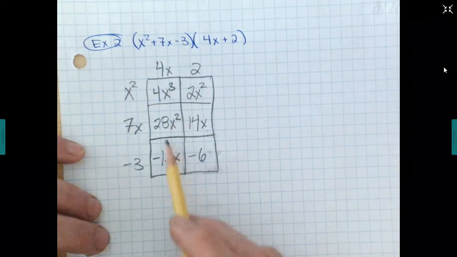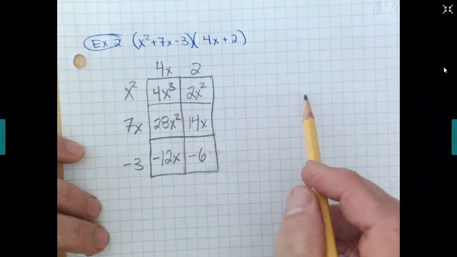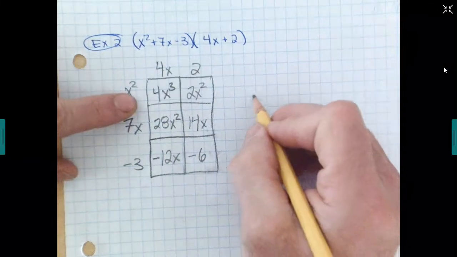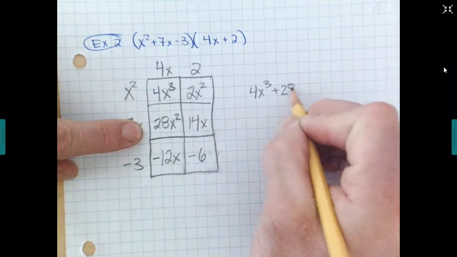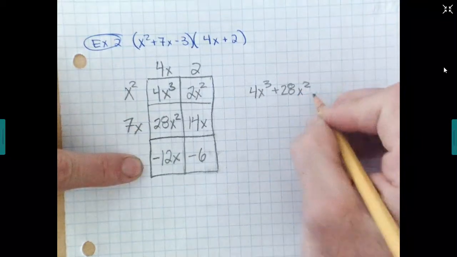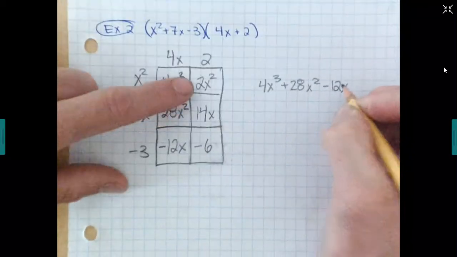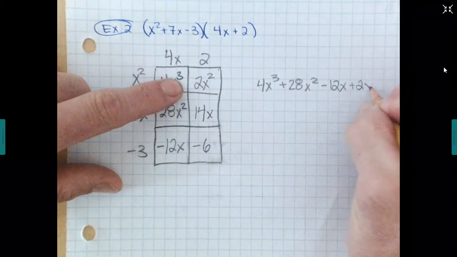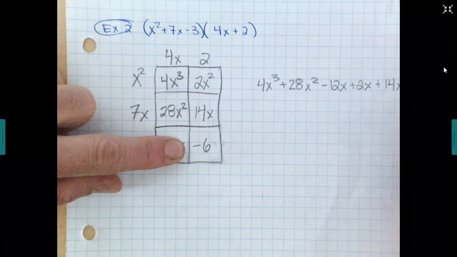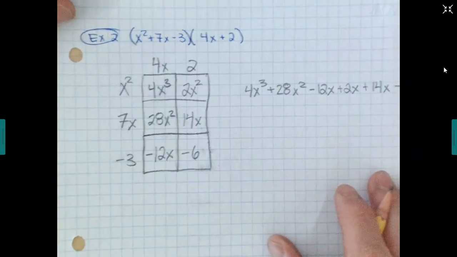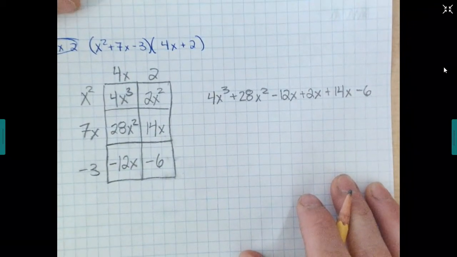I'm going to go ahead and write down all of these numbers here. So I have 4x to the third plus 28x squared minus 12x plus 2x squared plus 14x minus 6. Those are all my numbers.